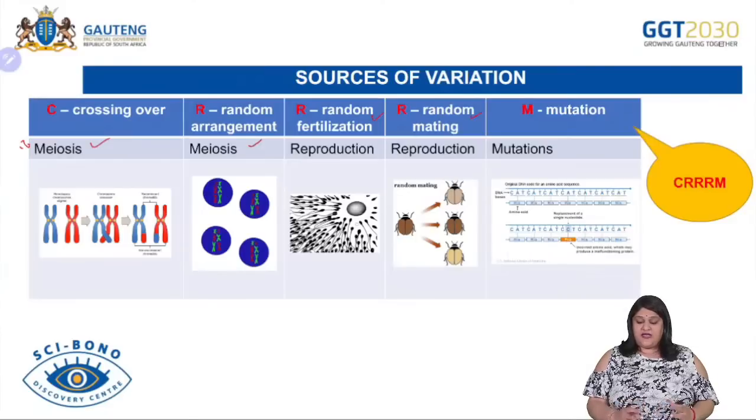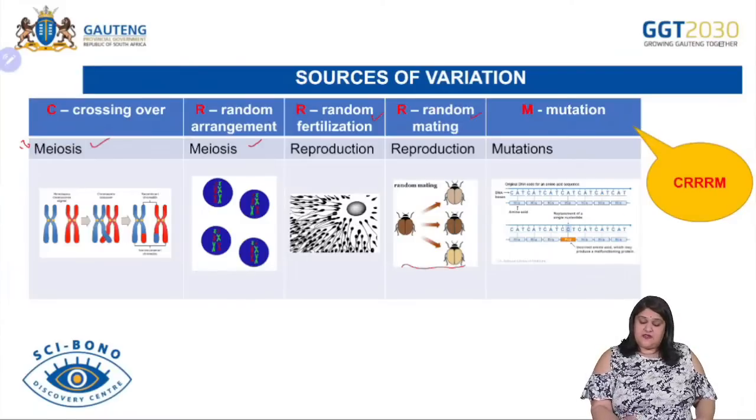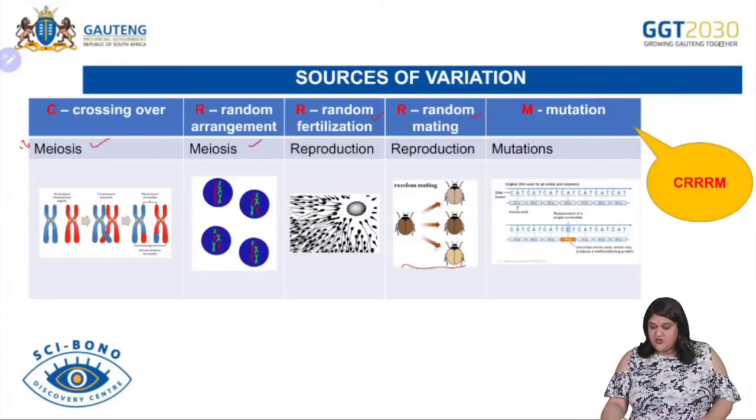It's not like they are numbered, so which one is going to go first? It's random. Whichever one gets there first and can penetrate the ovum will enter. And random mating as well: even though these are all the same species, it's not like there's a set order in which one is chosen.